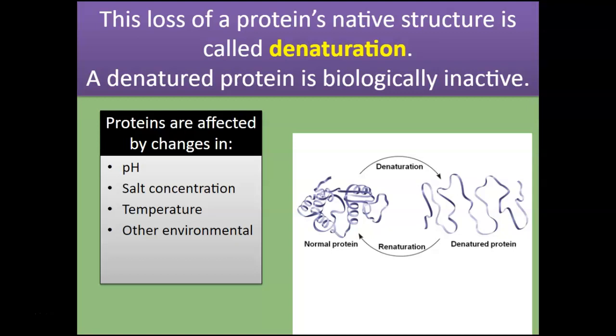Well, if you change the pH of the solution or the environment the proteins are in, they can break. What can also break these chemical bonds, giving proteins their structure, are salt concentration, temperature, and other environmental factors.